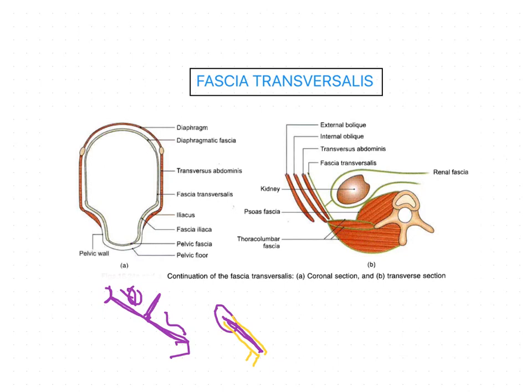The very important thing to note is that the fascia transversalis forms the opening of the deep inguinal ring, and it is prolonged as the internal spermatic fascia of the spermatic cord, and also prolonged into the thigh as the anterior wall of the femoral sheath. This is the importance of the fascia transversalis.